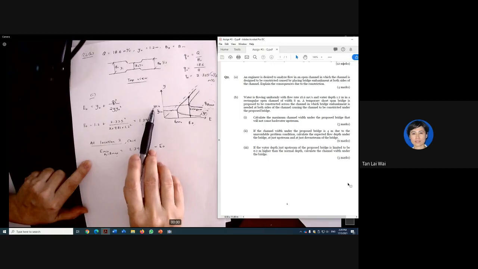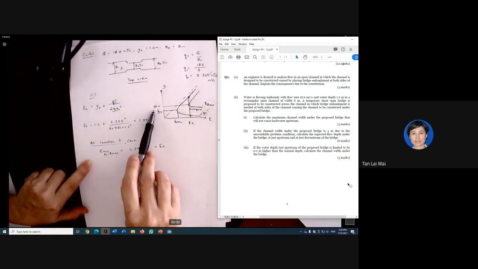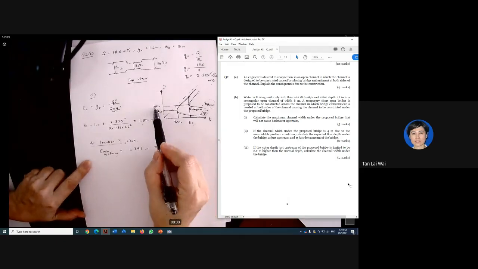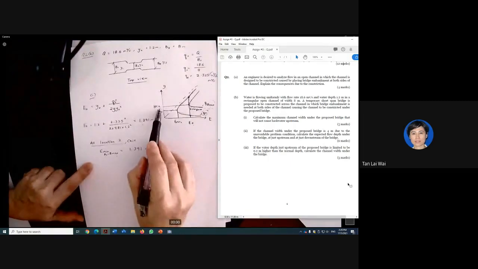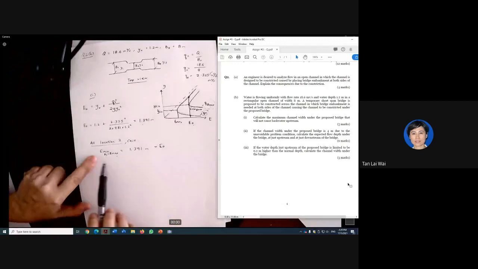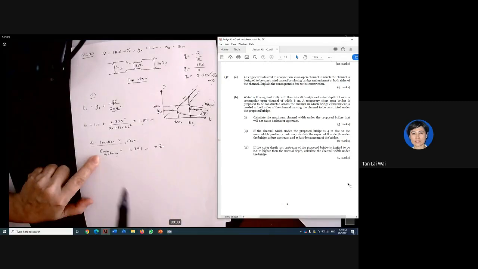For case 2, your Y2 would be equal to YC2, because it's critical already. So, yes, once we have that, we can find this. What is the formula for YC2? Anyone can give me YC that relates with E mean?